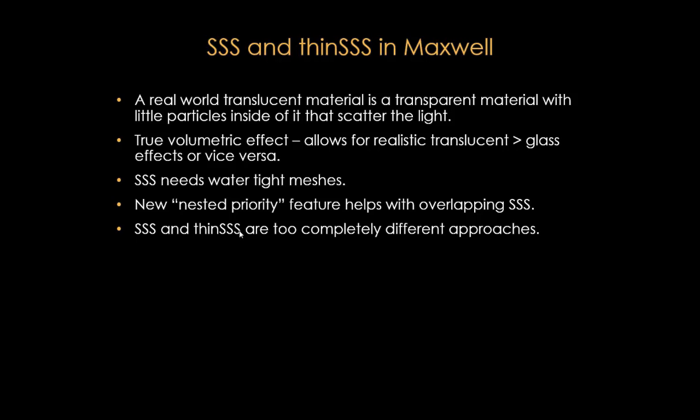So thin SSS really is meant only for single-sided surfaces such as leaves or curtains and paper, things like that. But you can also apply it to a volume, and we're going to check out some examples to see how well that works compared to, let's say, true subsurface scattering, or if it's better really in many cases just to have a single-sided object if you're going to use thin SSS anyway.